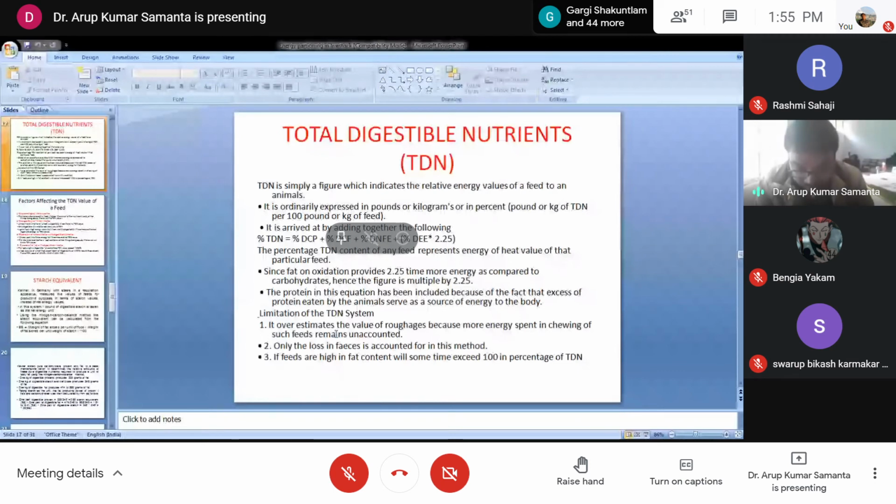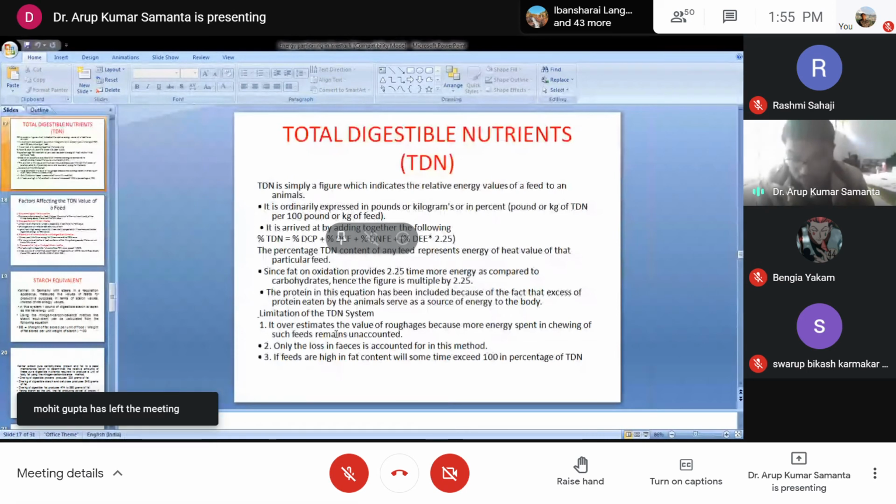Very often I have seen the students get confused between 2.5 and 2.25. One should not forget the factor is 9 divided by 4, it is coming 2.25, not 2.5. So we may get the question that in order to get the TDN percentage, digestible ether extract is multiplied by which factor, whether it is 2.25, 2.5, 3 or 5.